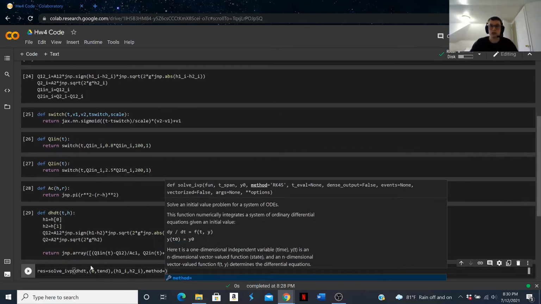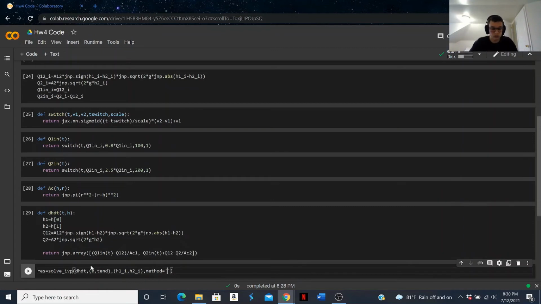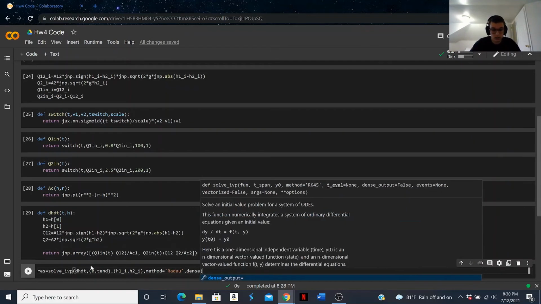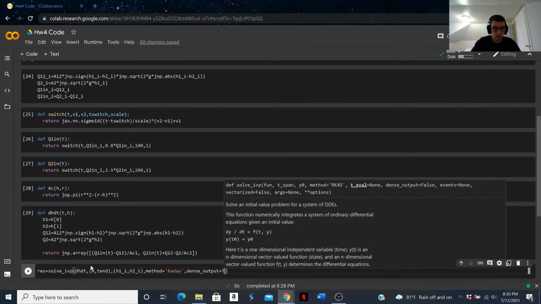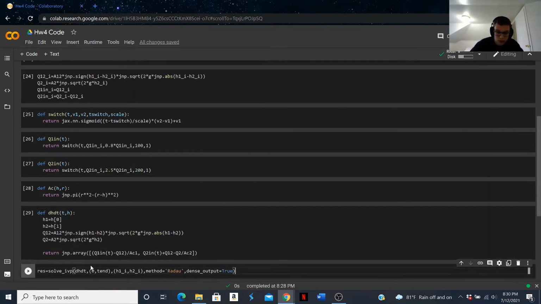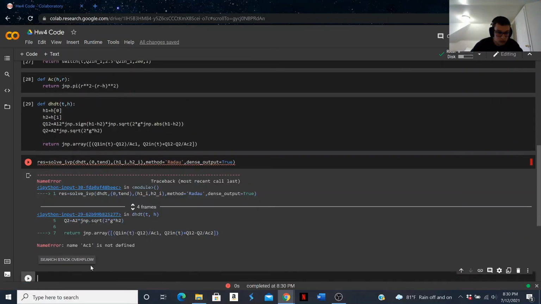In this case, we're just using the Radau method, which is just the method we were told to use and specified. And then we have to set dense output equal to true. And shift enter.